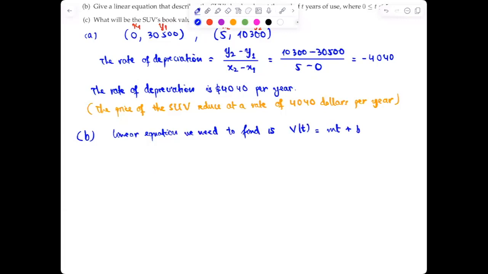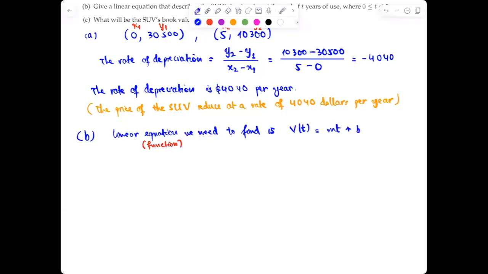Or I could say linear function. So just write it down, bear with me here. I'll explain the notation a little bit.